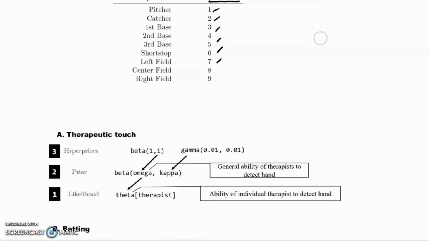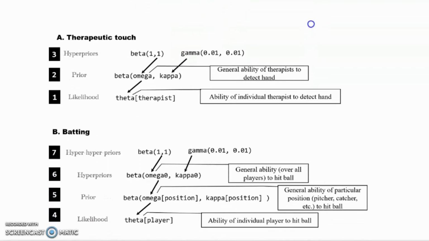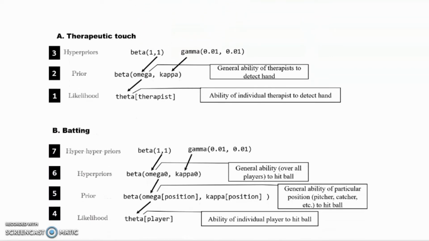What I want to do is compare the baseball example with the previous example of therapeutic touch. When we did therapeutic touch, what we had as our likelihood function was a Bernoulli distribution with parameter theta that was indexed by therapist.